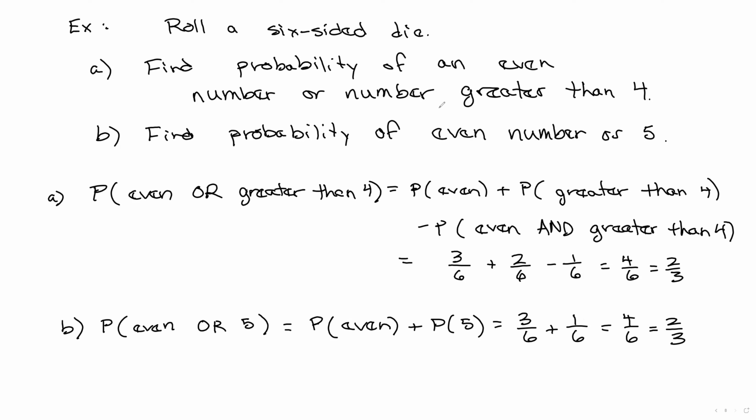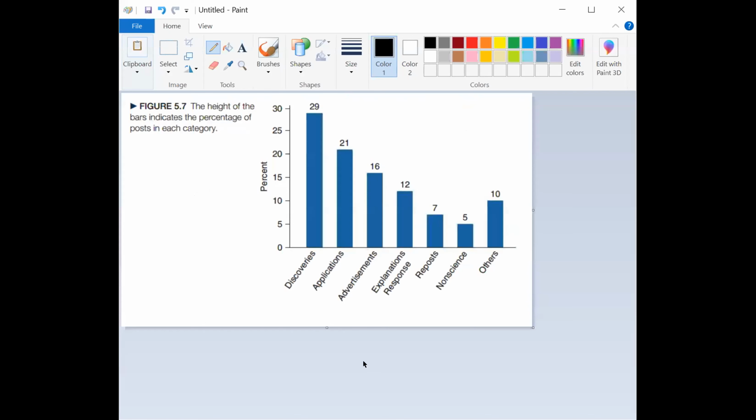Okay, we got another example here. All right, so we've got a picture that has some data on it. What we've got on this picture is that the height of the bars indicate the percentage of the posts in each category.